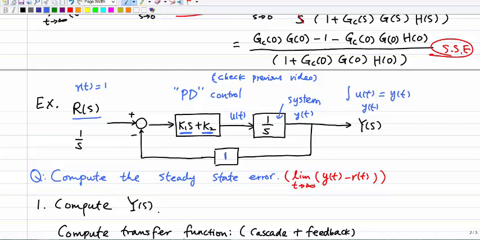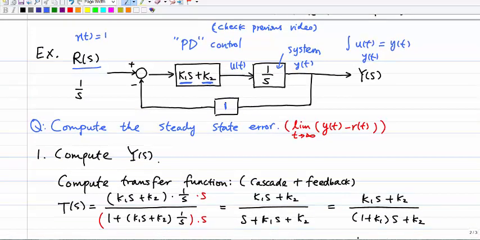Okay, it doesn't matter which method we're using, direct method or indirect method. The first step is we have to compute y sub s. When you compute the transfer function, we can use the property of the block diagram, because we have one block over here and a feedback loop.